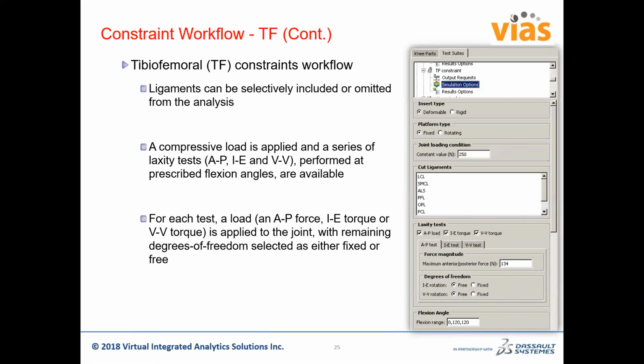For example, you can selectively choose to exclude ligaments, which are either surgically removed or clinically weak. Again, the motions we are looking at are AP, internal external, and the varus valgus torque. In this case, the loads are applied as force. Maybe if you remember, the previous workflow was displacement control, but this is a load control analysis.